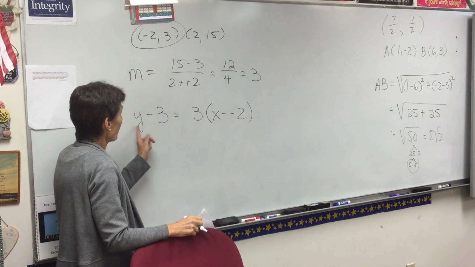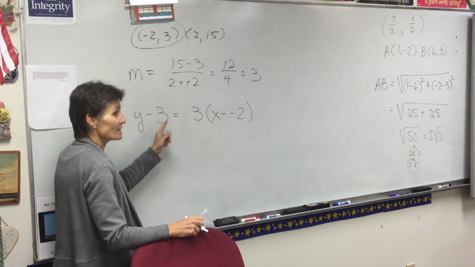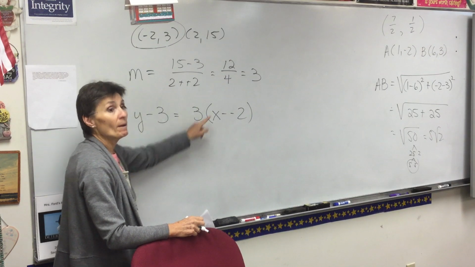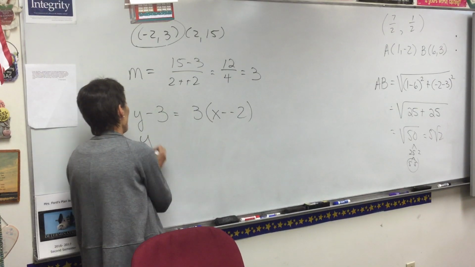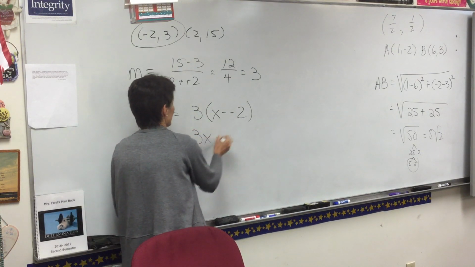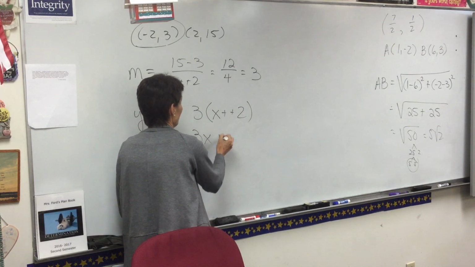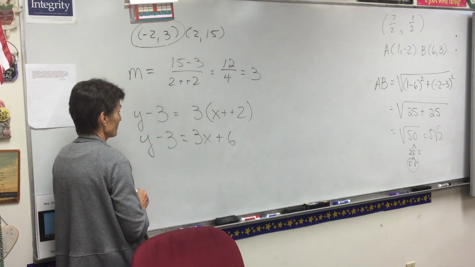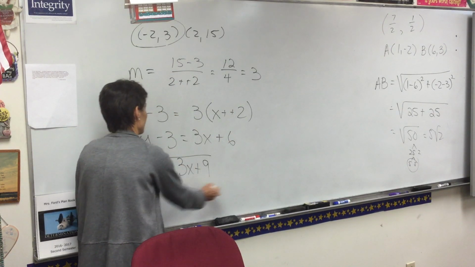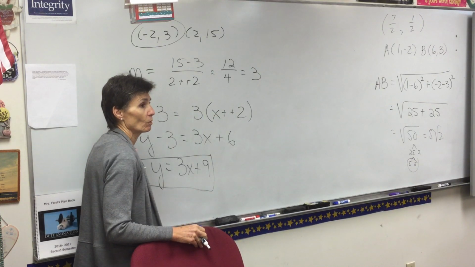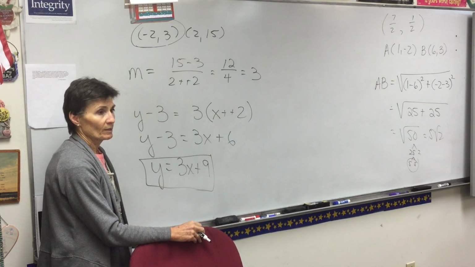When you do this, it's y minus y equals m parentheses x minus x. So y minus 3 equals 3x, that's actually a plus, so plus 6. So y equals 3x plus 9. That would be my slope-intercept form, which is how we normally write our answers.